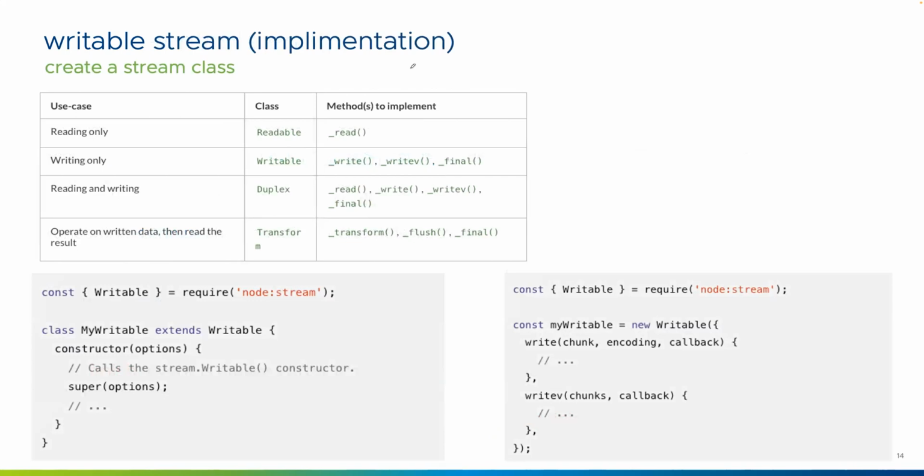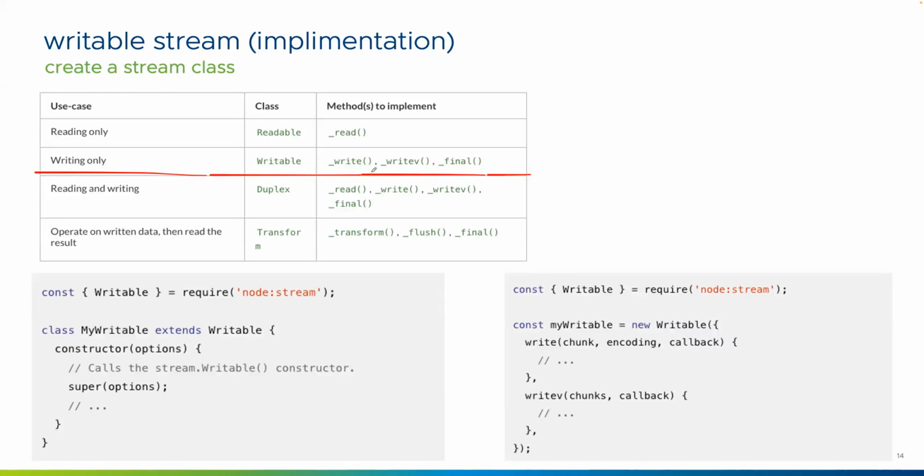As an implementer, if you want to create your own subclass or child class inherited from writable stream, you can see how to implement your child class from four different streams. Today we're just talking about writable stream.